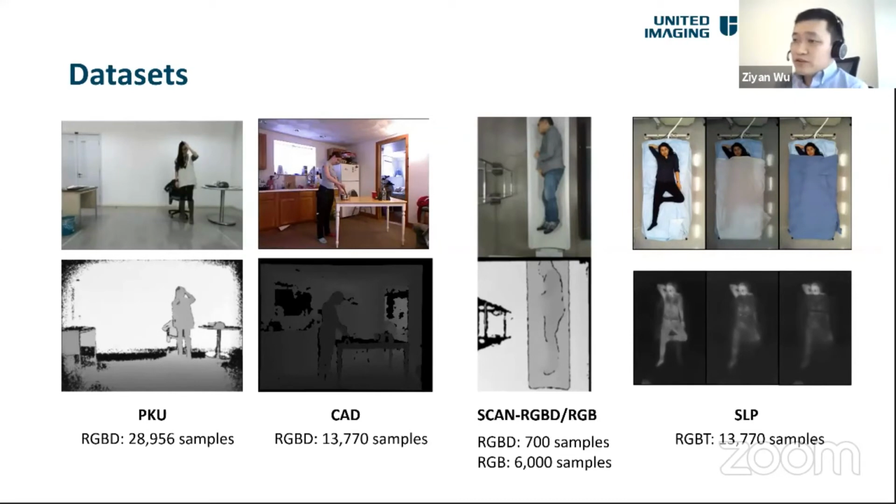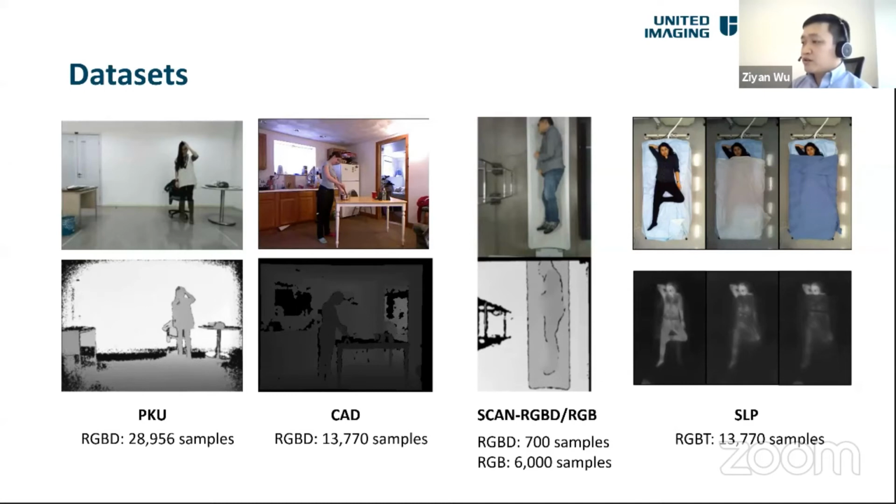So we evaluated our pipeline on 4 data sets, including 2 public data sets on RGBD in a general setting, that's PKU and CAD. And also we collected a large data set from a CT scenario, which we call scan RGBD and RGB data sets. And we also evaluated on an RGB plus thermal data set called SLP.